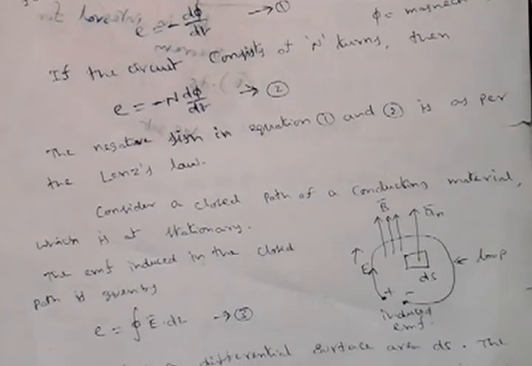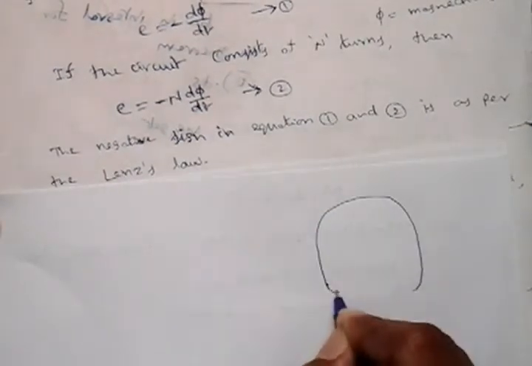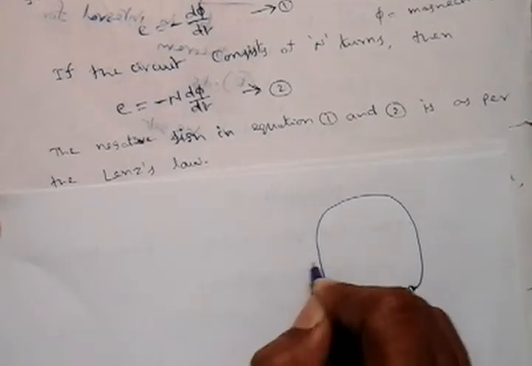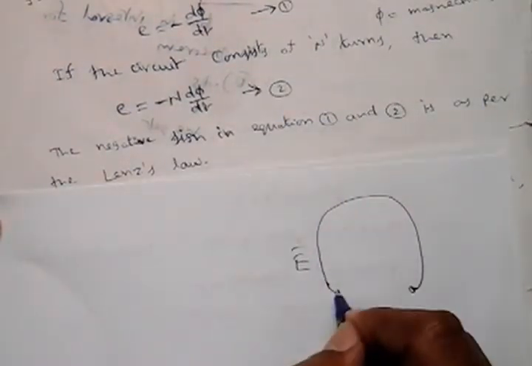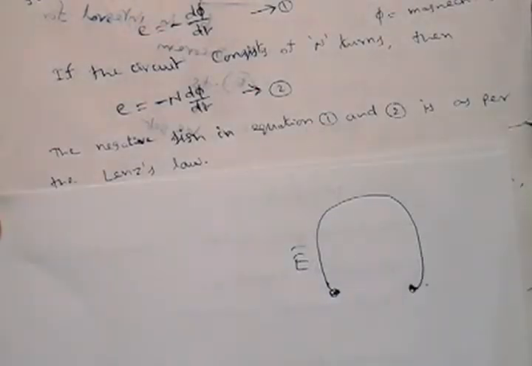Next, consider a closed circuit, a closed path of a conducting material. If you take one conducting material like this, it has a closed path. The conducting material will have some electric field. So this entire circuit has a conducting path.